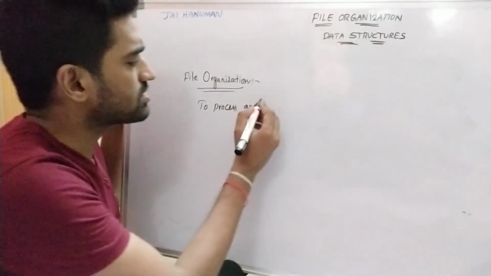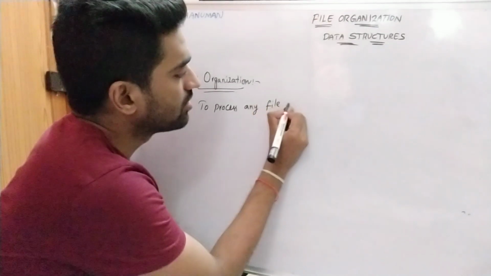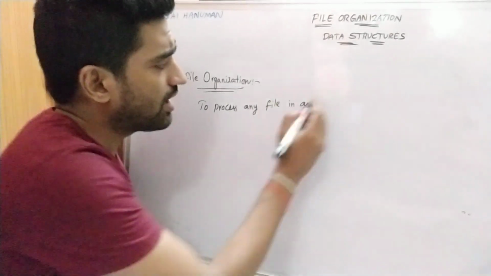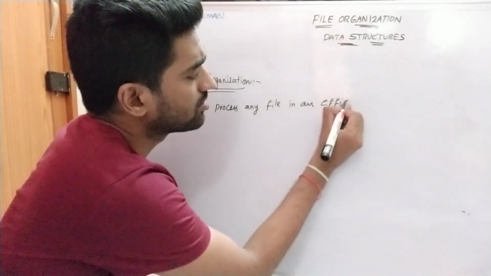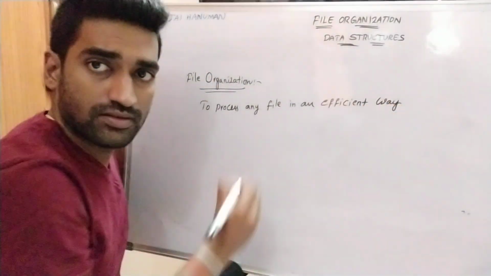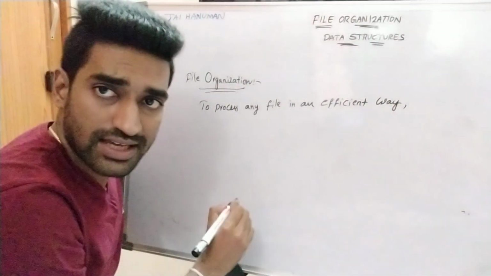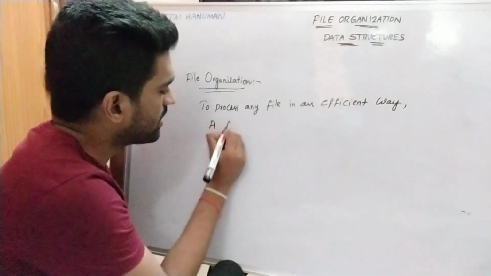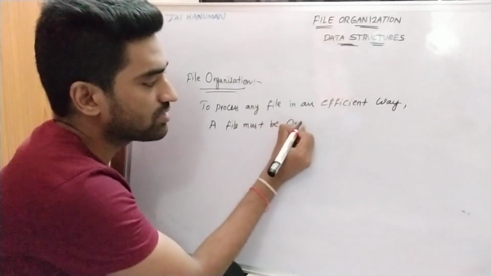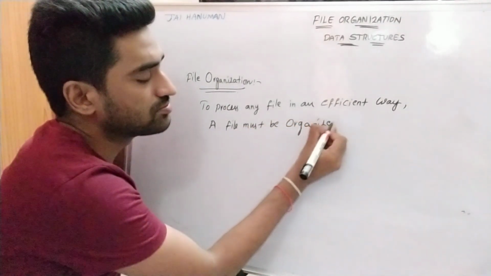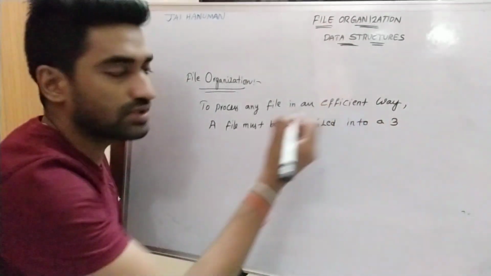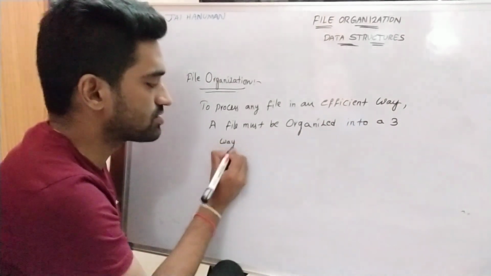So here, to process any file in an efficient way, a file must be organized into three ways or three methods.